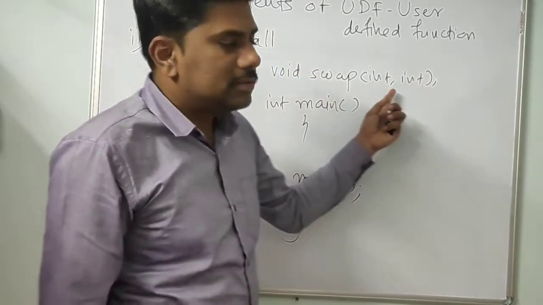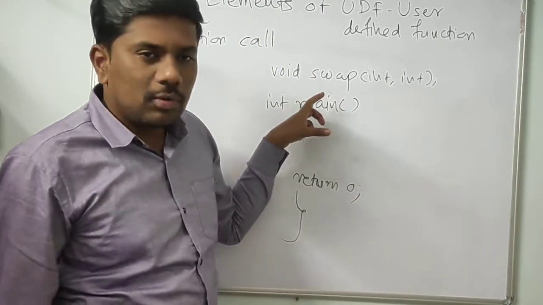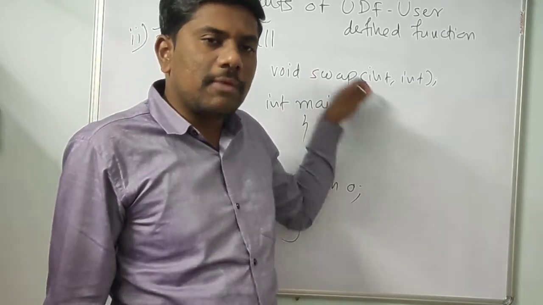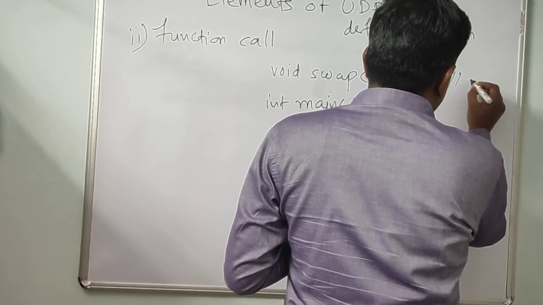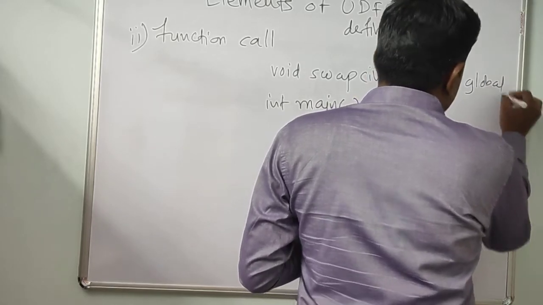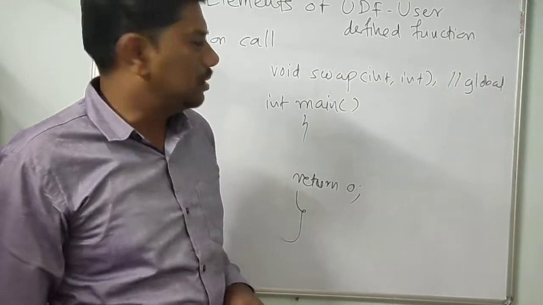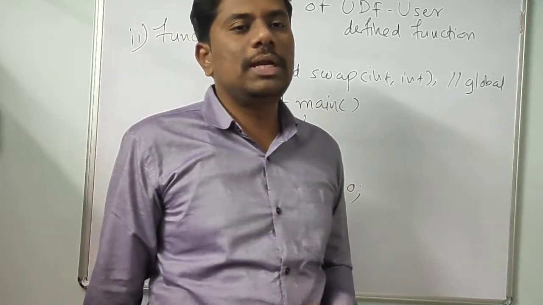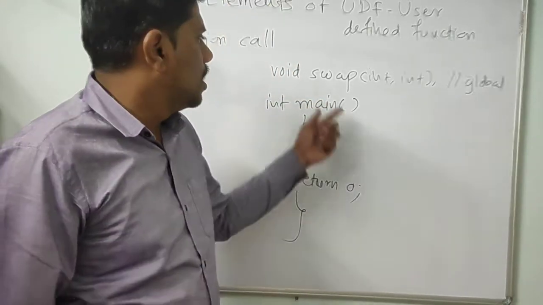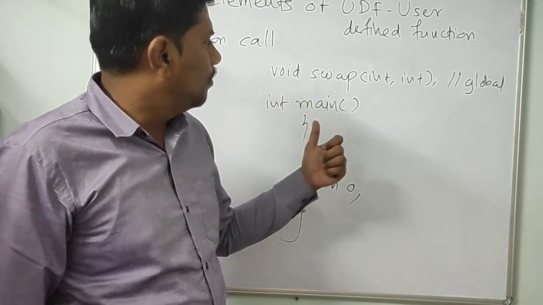See, this is a function declaration. I have declared this swap function before main. So this place is called the global place, and this function declaration is called a global declaration. This is one method.